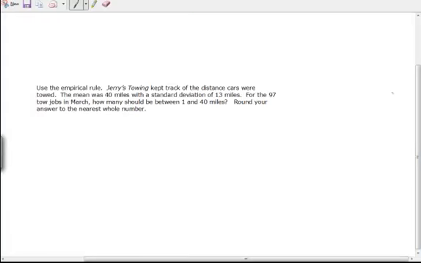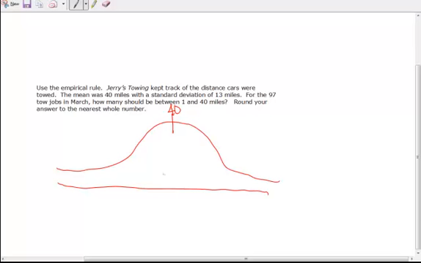In this case, we still draw the normal curve. Mean is 40. Standard deviation is 13. So 40 minus 13 is 27. 27 minus 13 is 14. 14 minus 13 is 1. So we want to go from, I'm going to put in the z-scores. Remember, this is 0, negative 1, negative 2, negative 3. 0 is associated with 0.5.